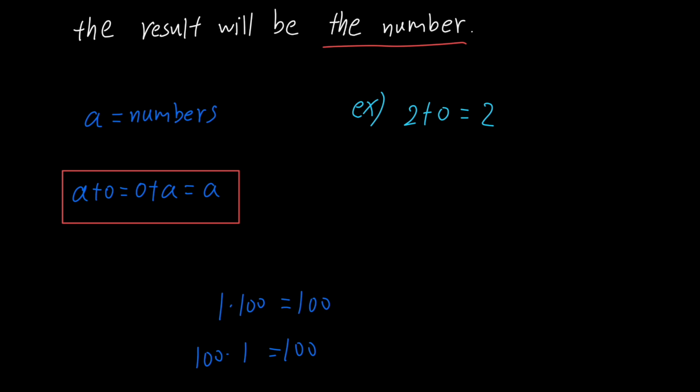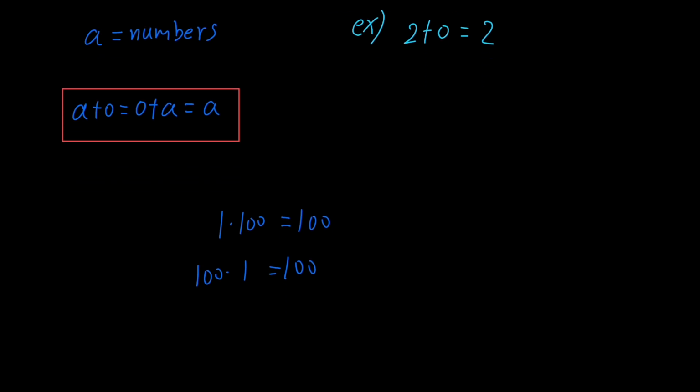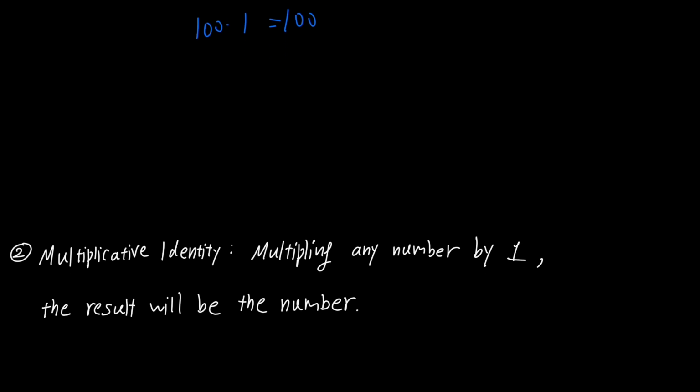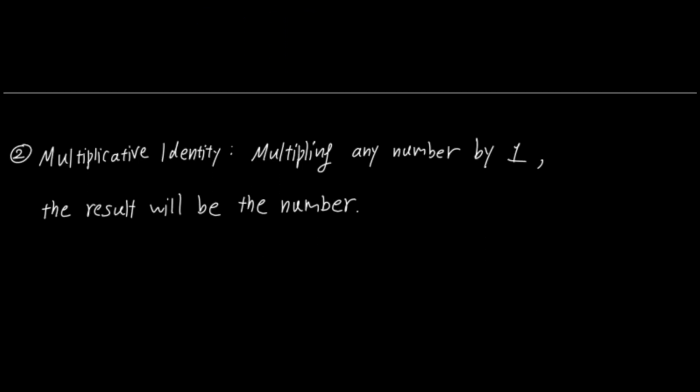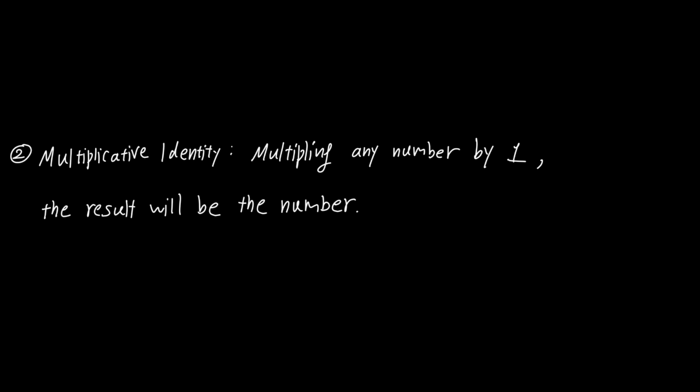So 1 times any number will still be the number. And we give this a new name. We call it multiplicative identity, which means multiplying any number by 1, the result will be the number.